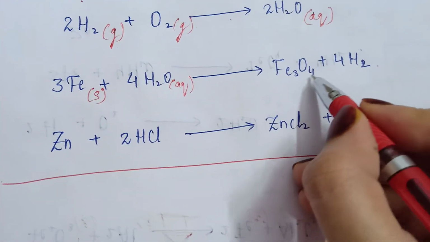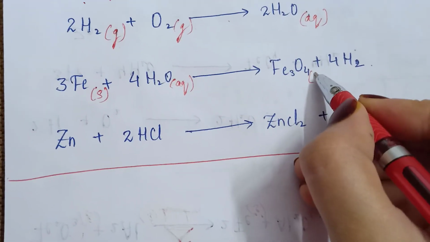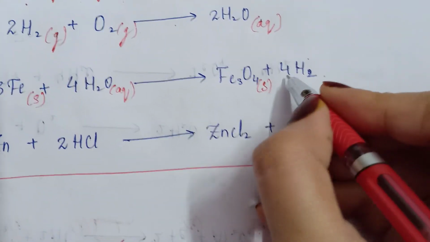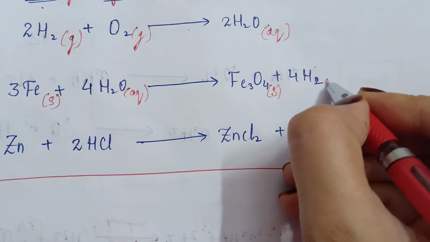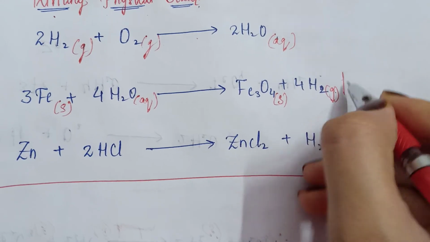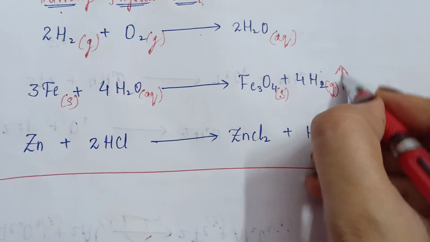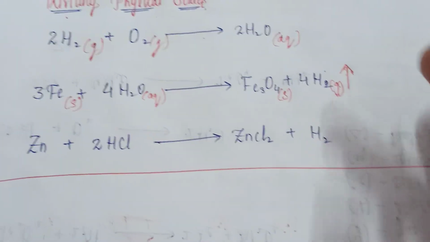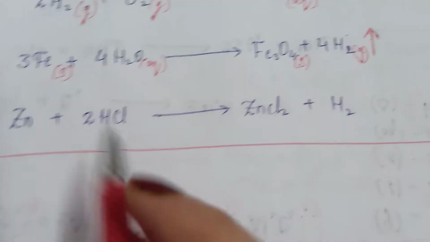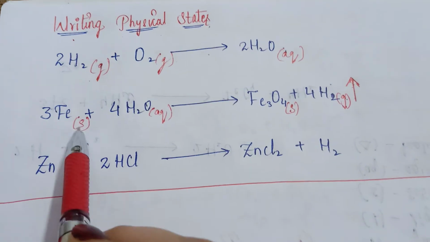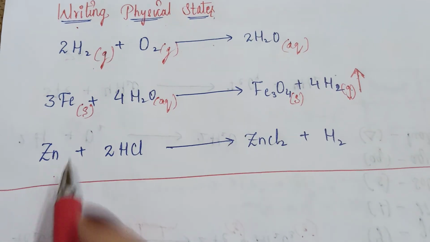So it gives Fe3O4, which is a solid, right? And H2 is a gas. This gas is released after doing the experiment, so the release symbol is like this. So gas is released in the atmosphere, in the air, right? So like this, give the physical state to the equation also.